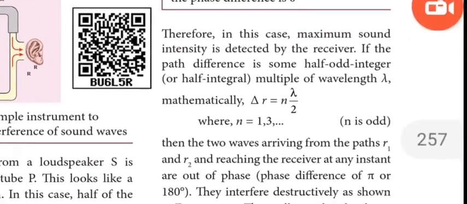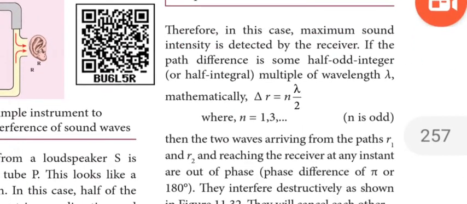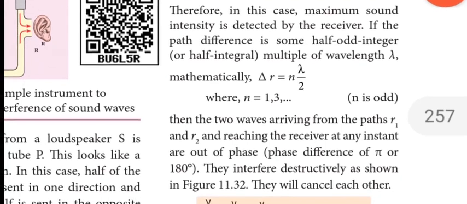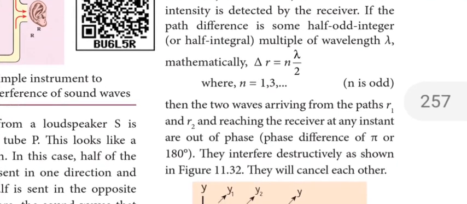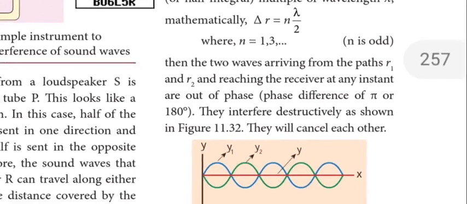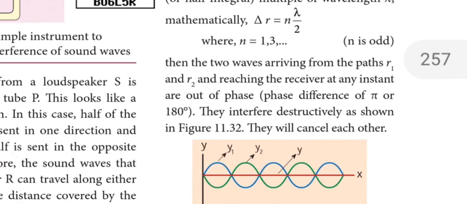If the path difference is an odd multiple of half the wavelength, mathematically given as delta R is equal to n lambda by 2, then the two waves arriving from the two paths, R1 and R2, reach the receiver at any instant out of phase.